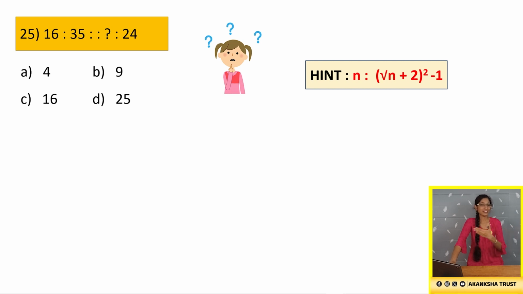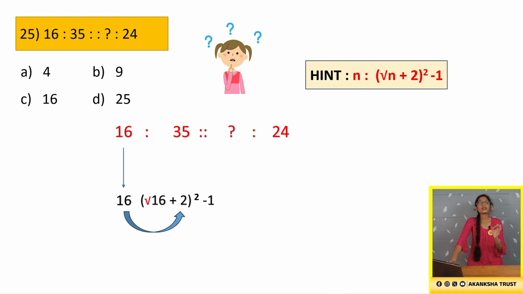It looks a little bit lengthy, but it's really easy. First of all, the square root of 16 is 4. So 4 plus 2 gives 6. So 6 square is 36, minus 1 gives 35.